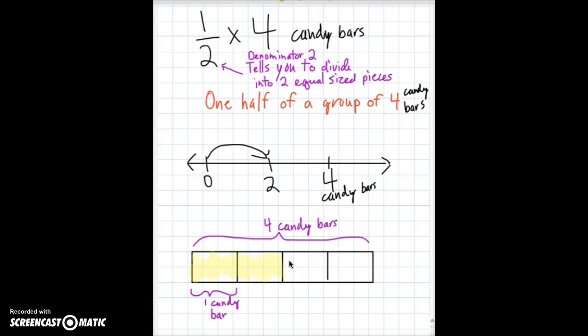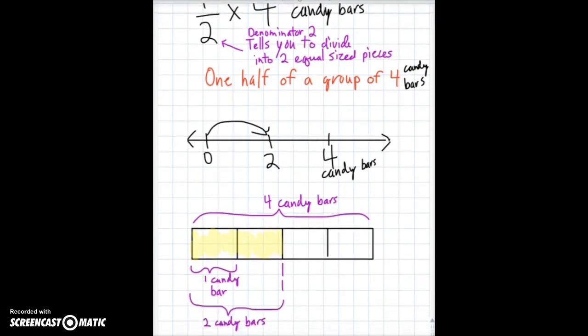And you can see then that we have 2 candy bars. 1/2 of 4 is 2 candy bars. So there you go. There's a tape diagram showing 1/2 of the 4 candy bars is 2 candy bars.